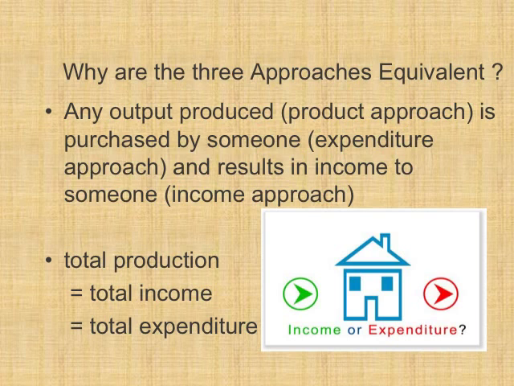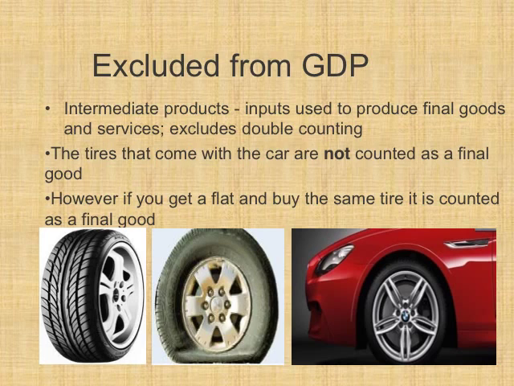Few things are excluded from GDP as a measurement, such as intermediate products. They are inputs used to produce final goods and services, and are excluded to avoid double counting.